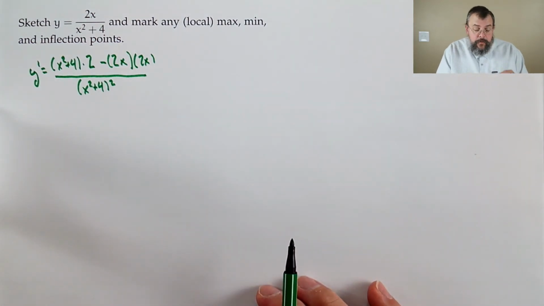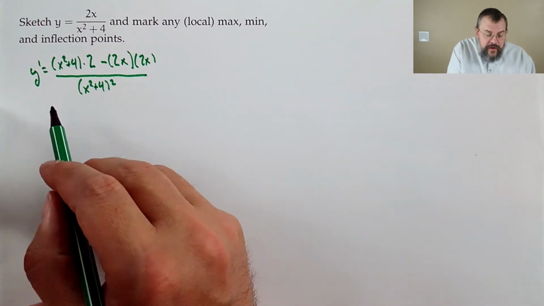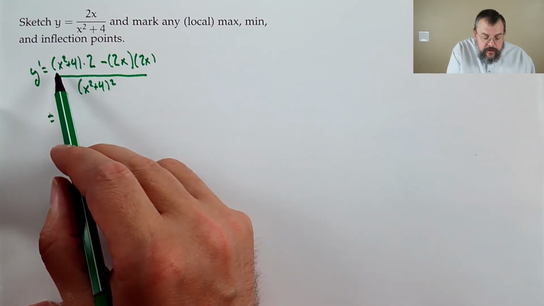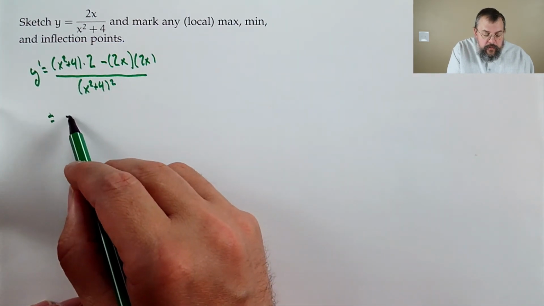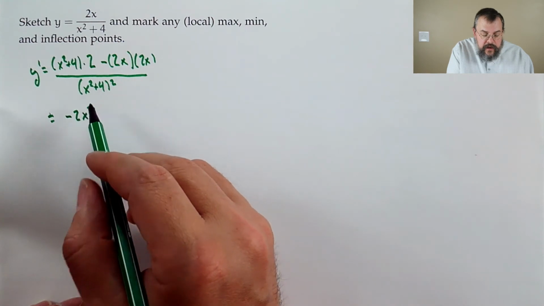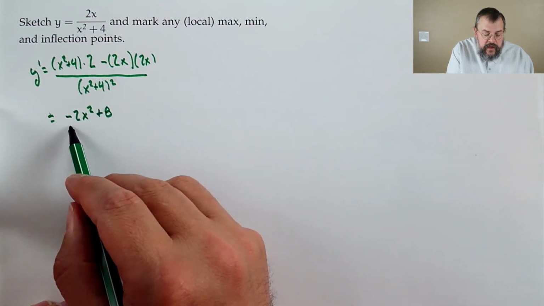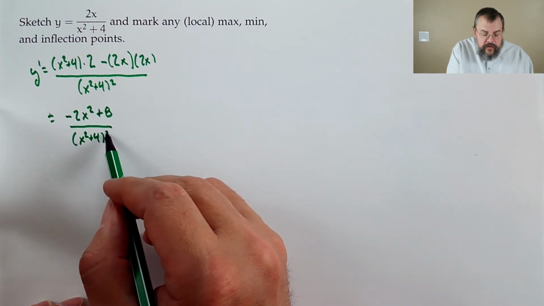All right. Well, before we go further, let's clean it up. So what can we do? If we multiply out, we'll have 2 times x squared, but then we also have a minus 4x squared, so that's minus 2x squared, and then 2 times 4 will be plus 8. And divide that by x squared plus 4 squared.